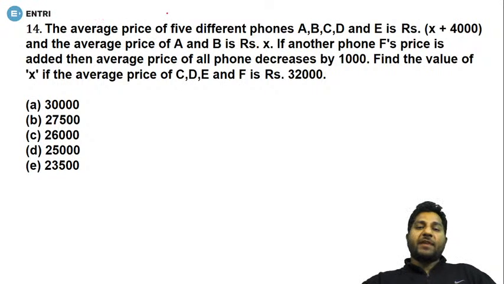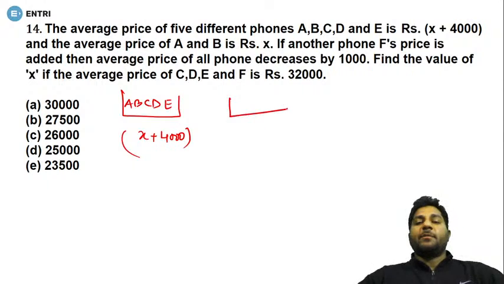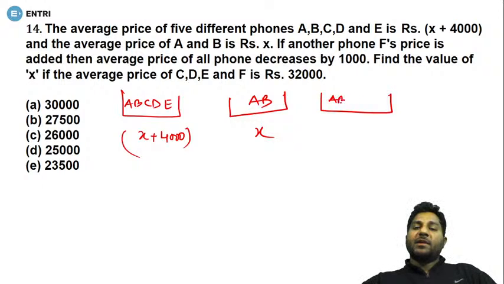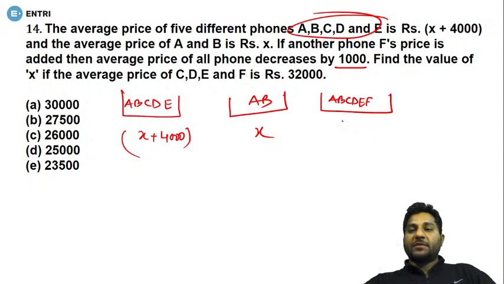The average price of 5 different phones, A, B, C, D, E, was X plus 4,000, and the average price of A and B was X. If another phone F's price is added, that means A, B, C, D, E, F, the average price will decrease by 1,000 from the 5 phones' average price. That means it will become X plus 3,000.